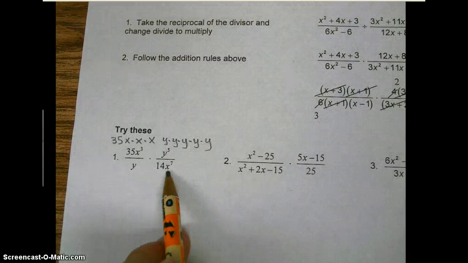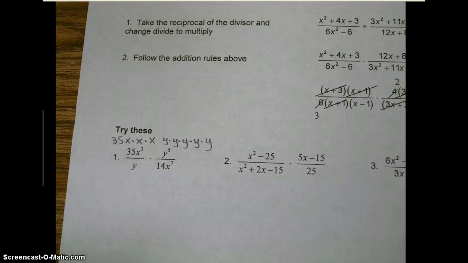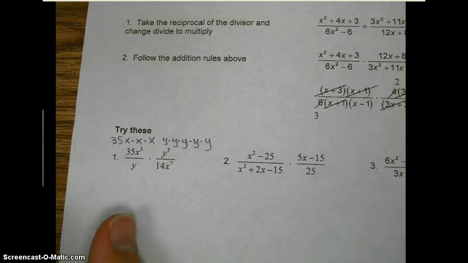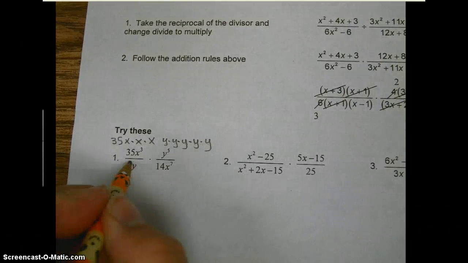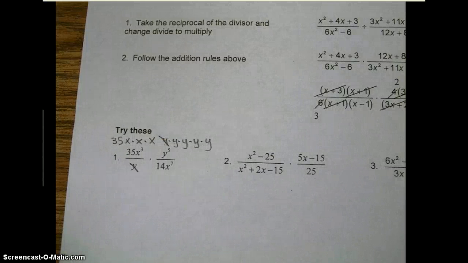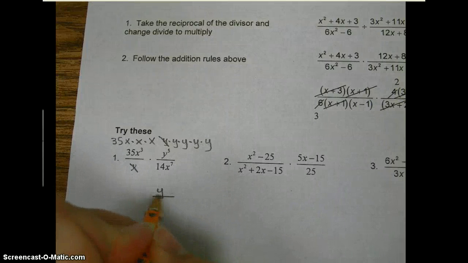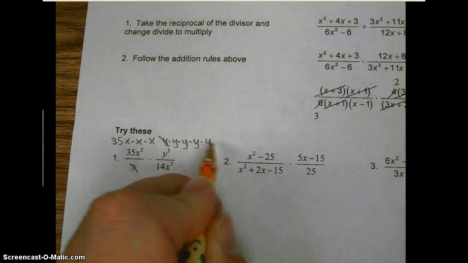And so we have 7 x's here, and we have 1 y here. So before we do anything, we want to go ahead and cancel some things out. So this 1 y will cancel one of these y's out. Okay, so that leaves us with y to the 1, 2, 3, 4th power.